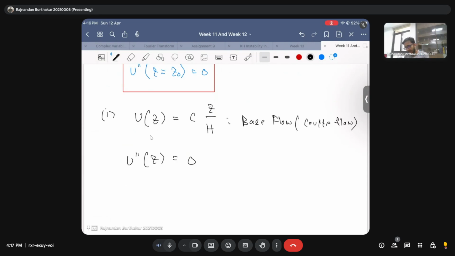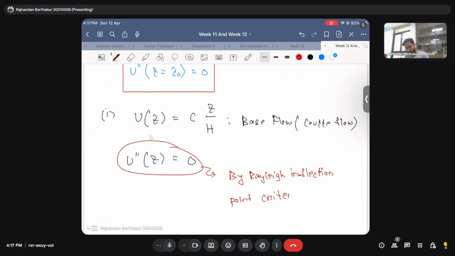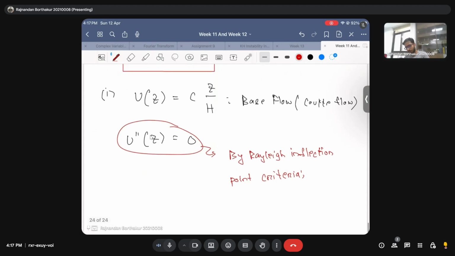Which basically means that by the Rayleigh inflection point criteria, Couette flows are unstable.